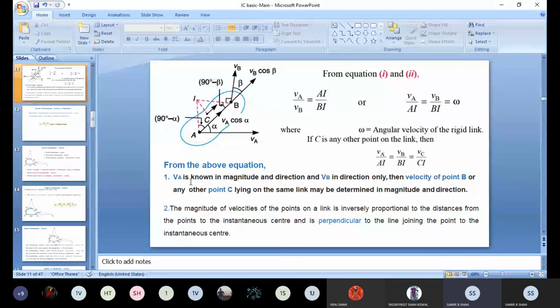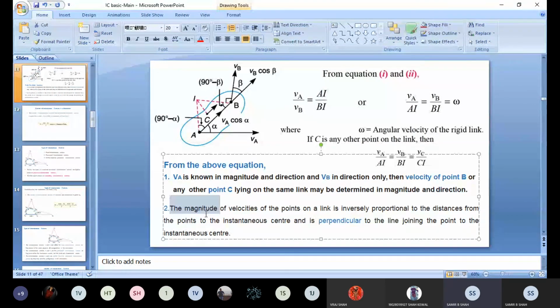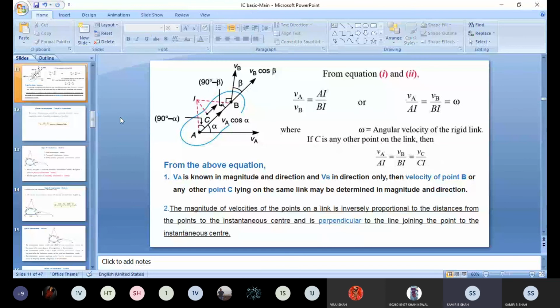And second, the magnitude of velocities of the points on the link is directly proportional to the distance from the instantaneous center and is perpendicular to the line joining the points to the instantaneous center. These are the 2 points which are very important when we solve examples regarding the instantaneous center.